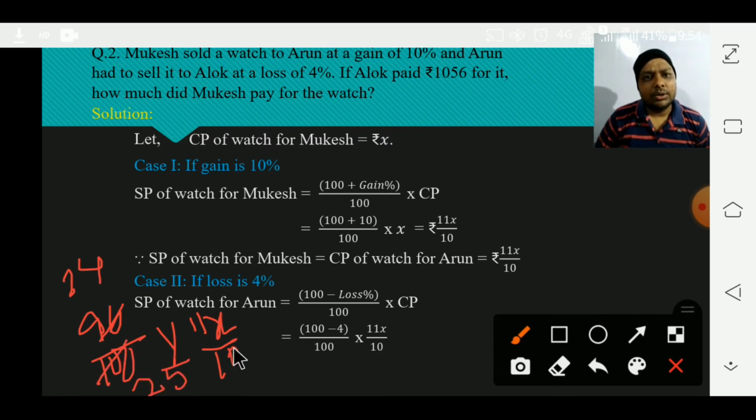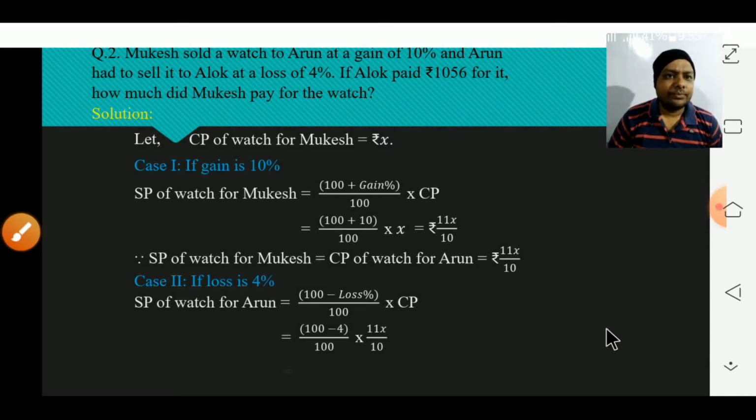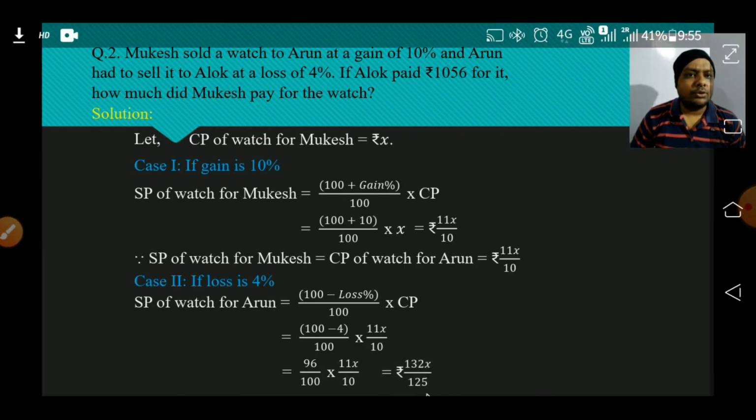Now 2 5s are 10 and 2 12s are 24. Now if you multiply 12 into 11, we will get 132, X by 25 5s are 125. It means 132X by 125 will be the SP of watch for Arun. Rupees 132X by 125 will be the SP of watch for Arun.